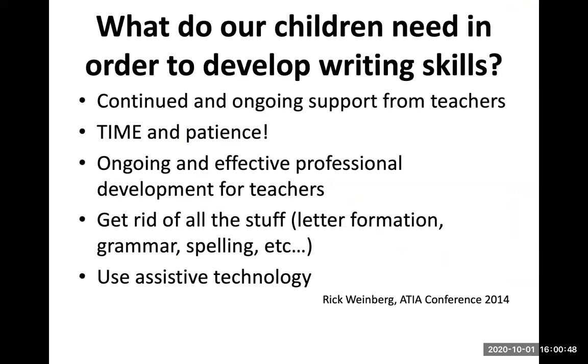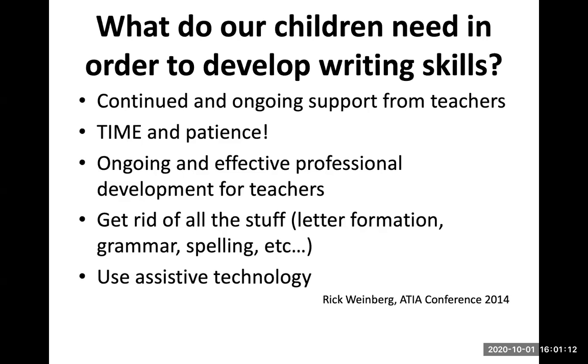Our children need a few things in order to develop these skills. Our children need continued and ongoing support from teachers. They need time. They need more time than typical children, and we need to be patient. The professionals teaching our children need ongoing and effective training.